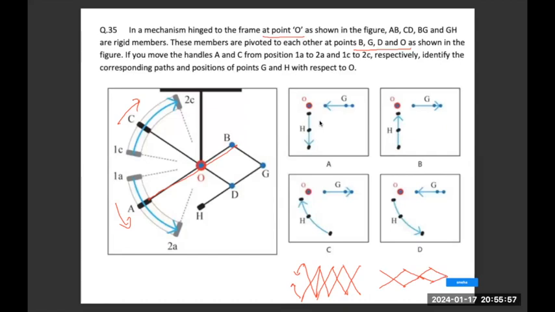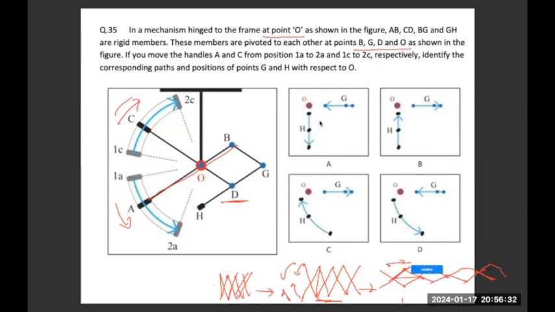When I compress it, it becomes something like this, versus when I open it up, it becomes this, and if I further increase the angle, it can go beyond that also. There's this nice toy which comes. This mechanism we are looking at is similar to that toy. When I'm bringing them together, this point from the center goes actually farther away.